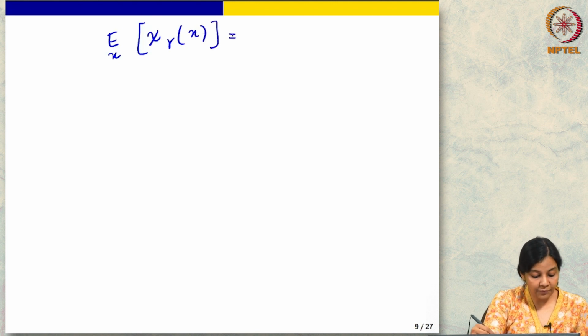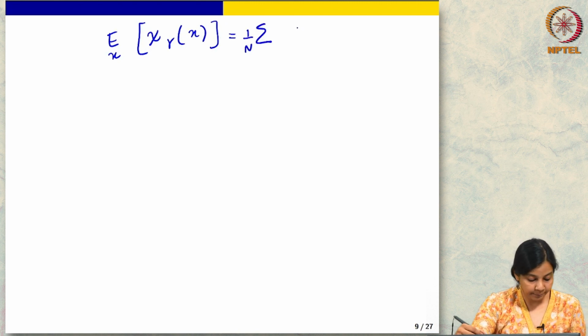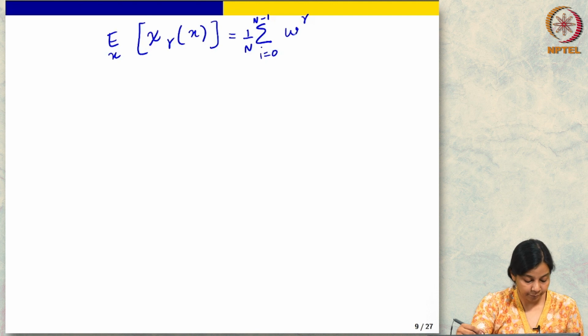This follows from the definition of expectation and chi gamma. So this is the summation, 1 over n, x going from 0 to n minus 1, of omega to the gamma x.